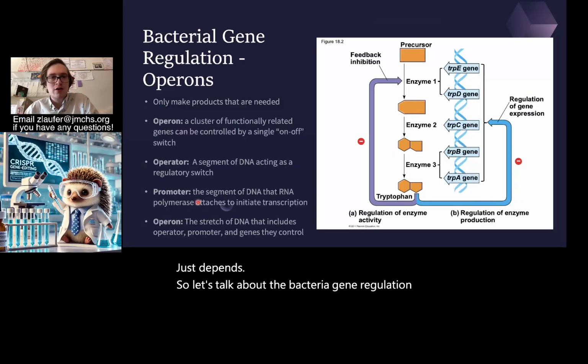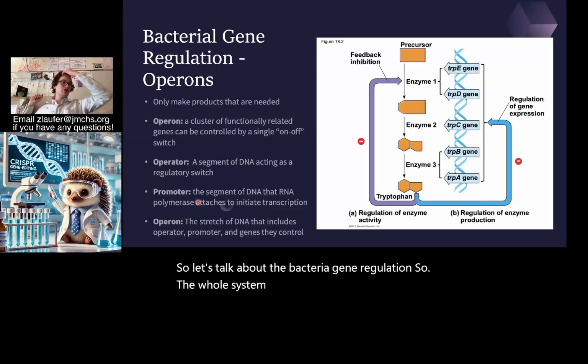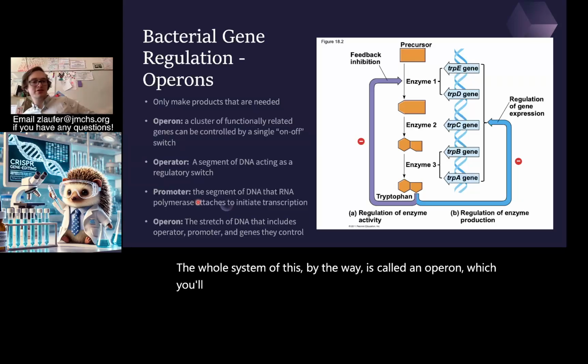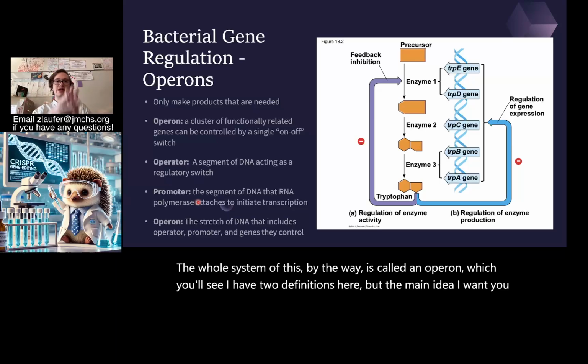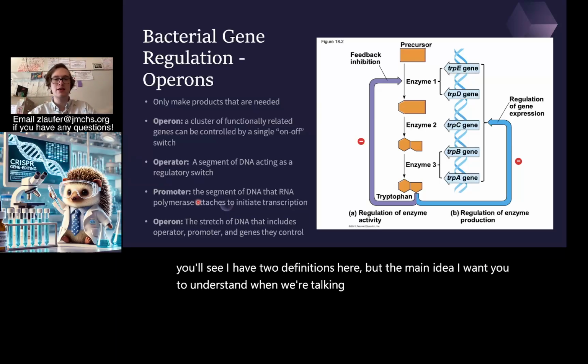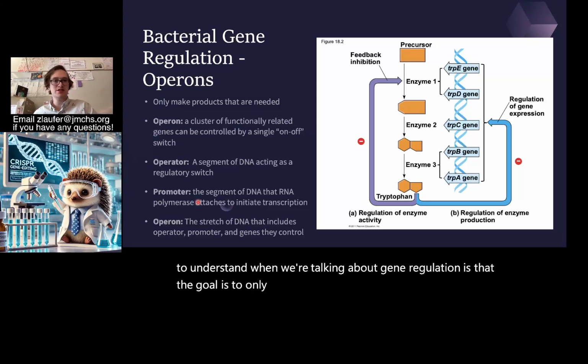The whole system of this, by the way, is called an operon, which you'll see I have two definitions here. But the main idea I want you to understand when we're talking about gene regulation is that the goal is to only make exactly the products that we need, and specifically when we need them.